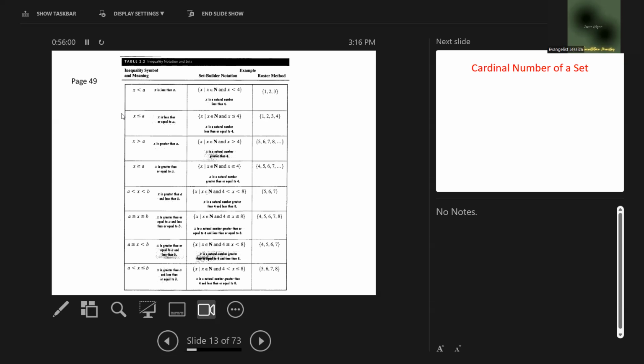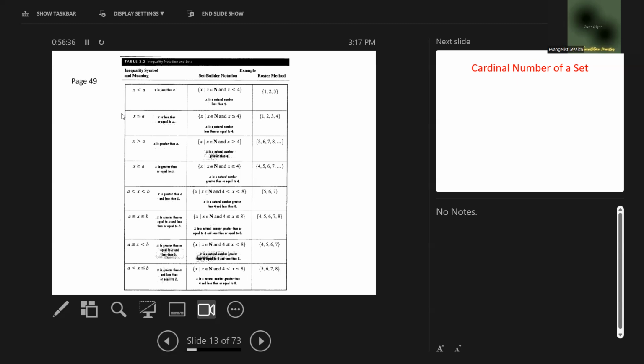Let's do this one: x greater than a and less than b. In set builder notation, you write braces, x, vertical bar, x is a member of the natural numbers and is greater than 4 and less than 8. So it has to be 5, 6, and 7.